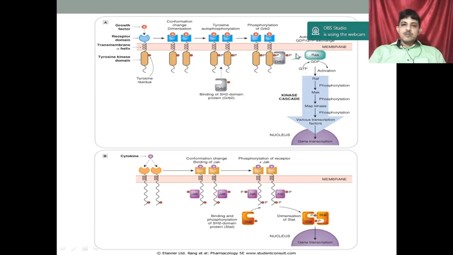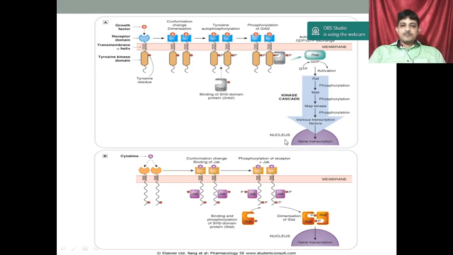So RAS is activated, then RAF, and again phosphorylation of MEK and MAP kinase. Already we have talked about MAP kinase, and there is again phosphorylation.